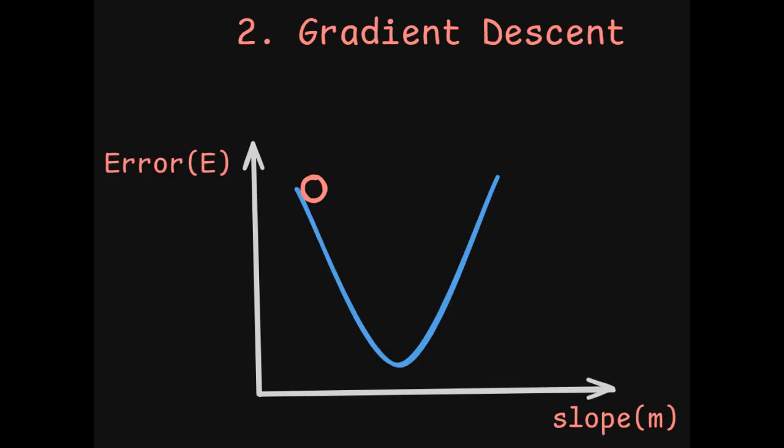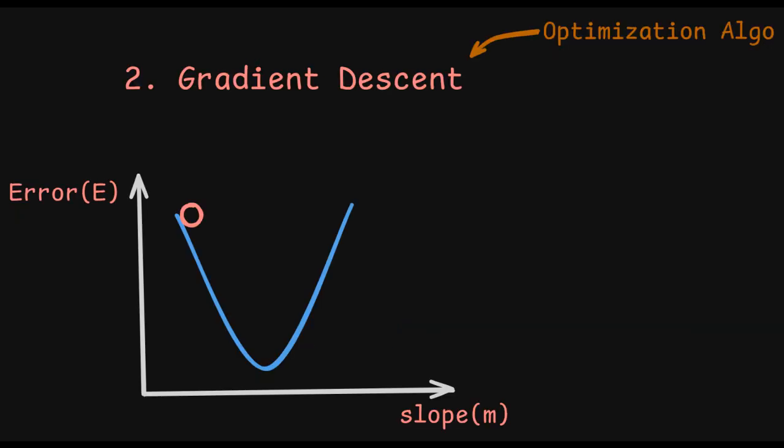Now the next method is the gradient descent method. In gradient descent, we start off with a random value of the slope, and then we move the slope value in the positive or negative direction, or the up and down direction as shown here, to reach a point where the error is minimum, and that point is called the global minima.